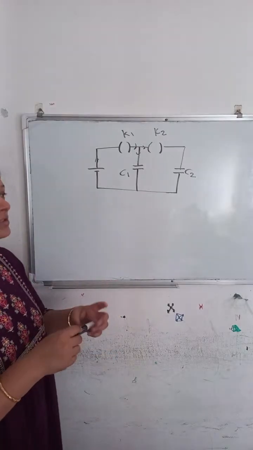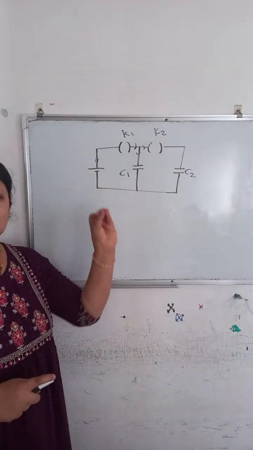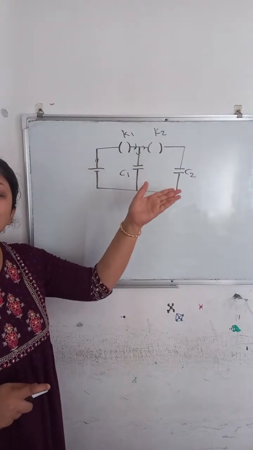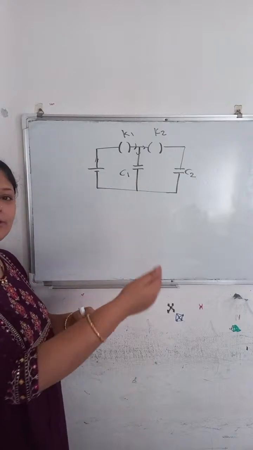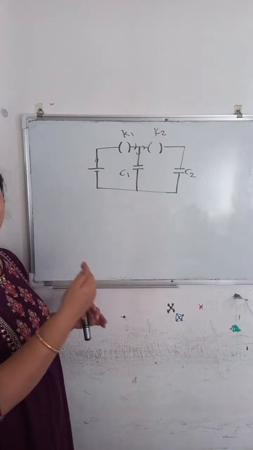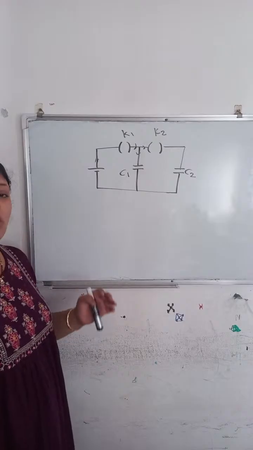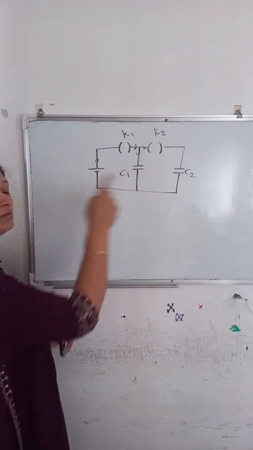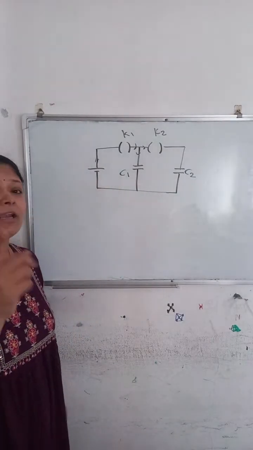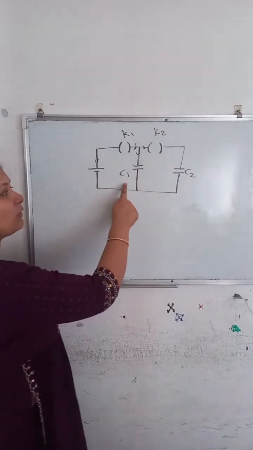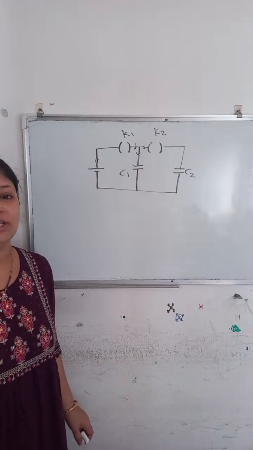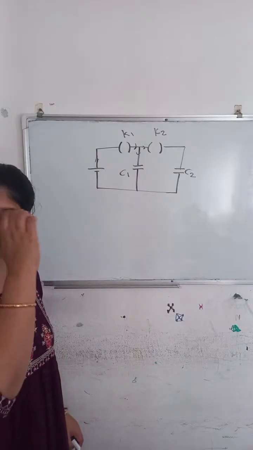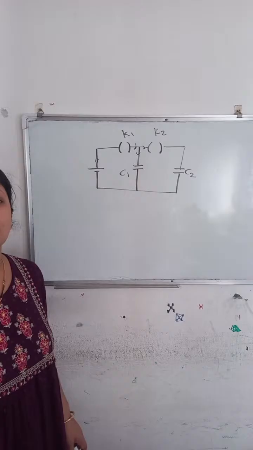They just confused us, first closing one key and keeping the second open, and then in second case closing key K2 and opening key K1. But always think, here two capacitors are connected in parallel, that means the potential drop across C1 and C2 remains same, it will not change. So from the options, the only correct option is option A.